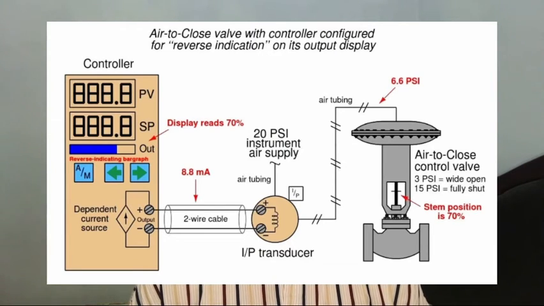For the sake of argument, this controller's automatic action could still be direct, even though its output bar graph indication is reversed in order to faithfully show valve stem position to the human operator.